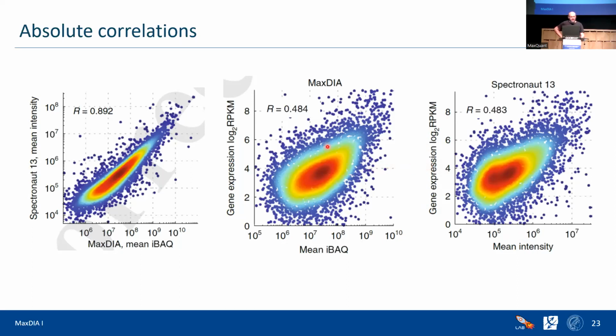In both of them, we get this typical absolute quantification correlation coefficient of around 0.5 that you essentially always get if you do absolute quantification of transcriptome and proteome. It's almost context independent that this correlation is always in this area. So it's not saying that much really, but you would get the same results no matter if you use Spectronaut or MaxQuant.